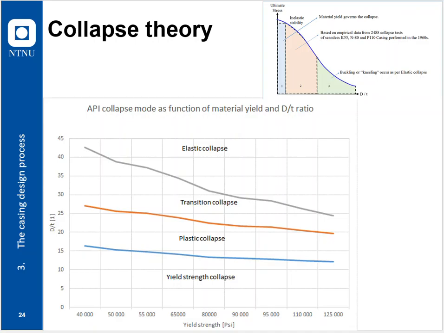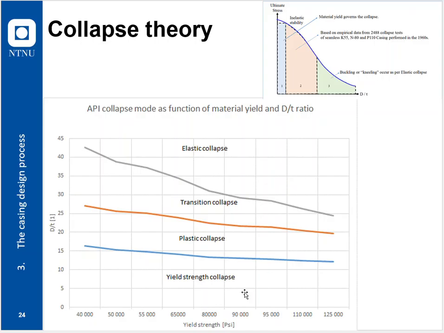Here is a slide I'm going to show you. I am not sure I like this graph. What it does, it shows you the DT ratio and it shows you the yield strength, and here are the different collapse modes. You can see that for the same DT ratio, increasing the yield strength, how it doesn't overlap.